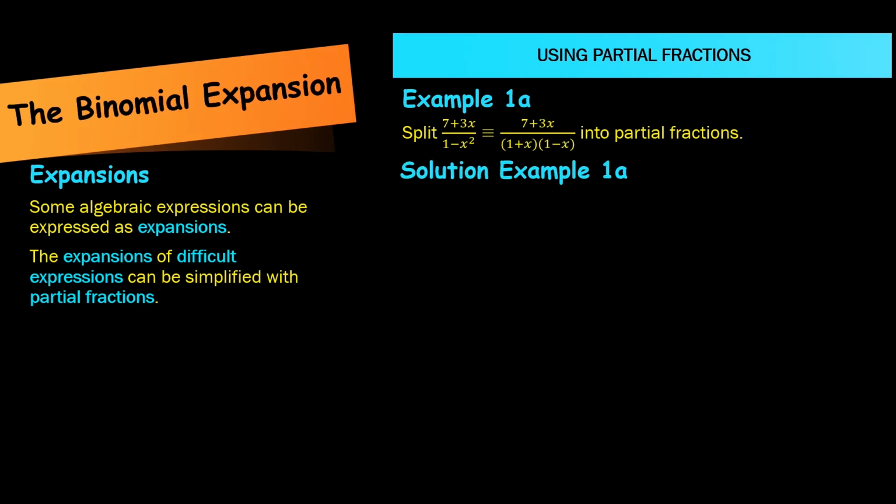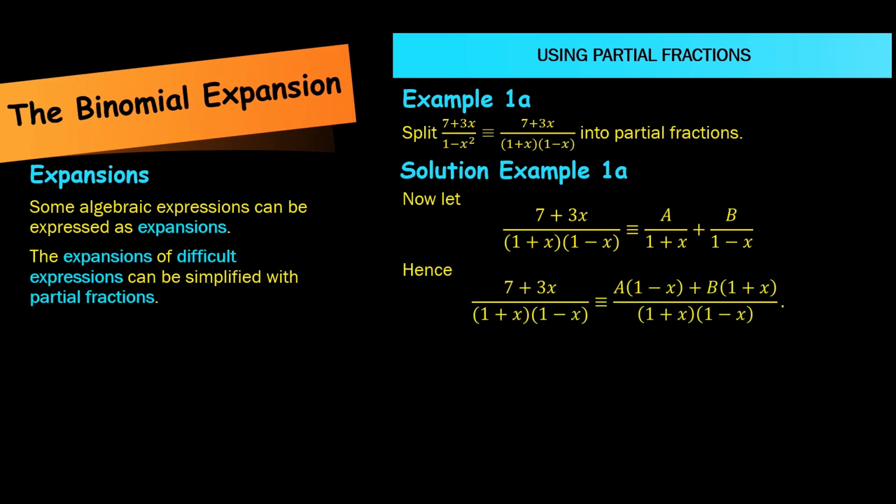So let's solve this. We're going to begin by letting this expression be identical to a over 1 plus x plus b over 1 minus x. Adding the two fractions on the right-hand side gives us this expression here.